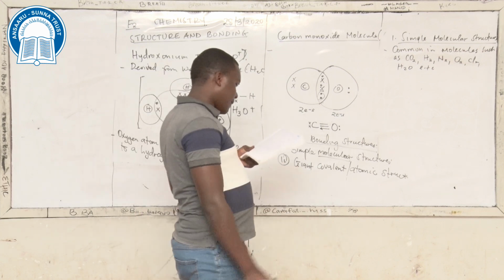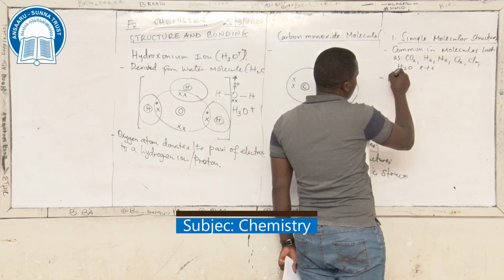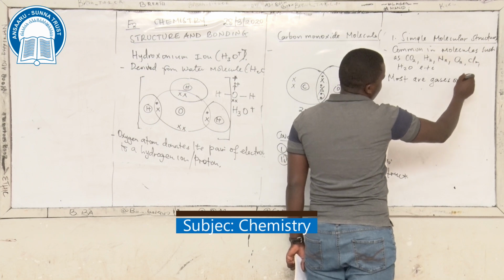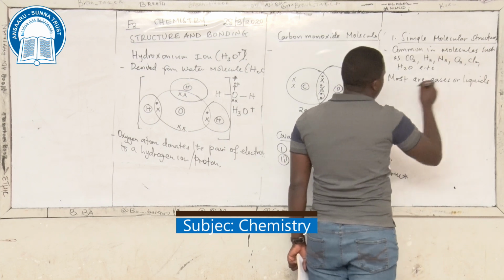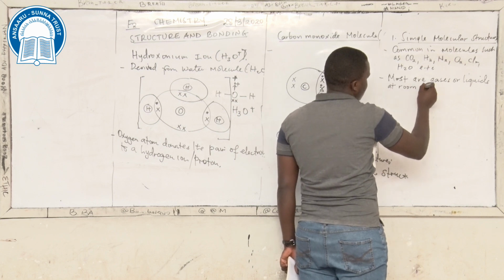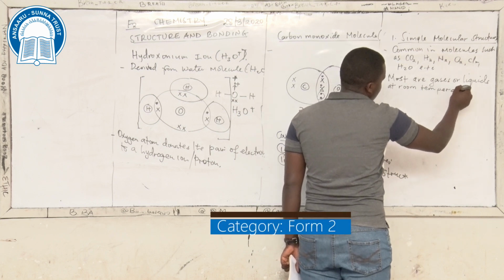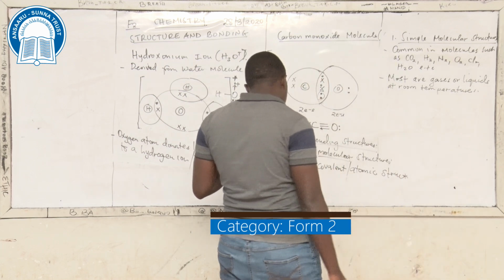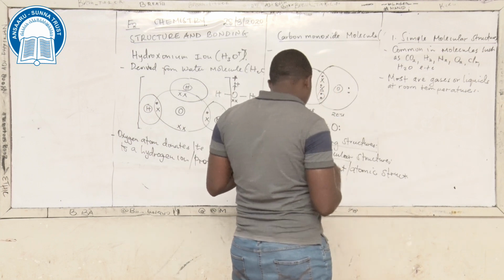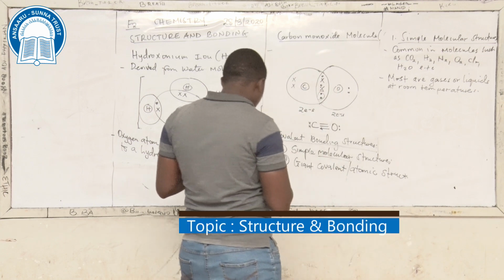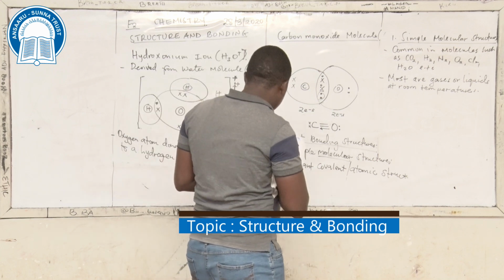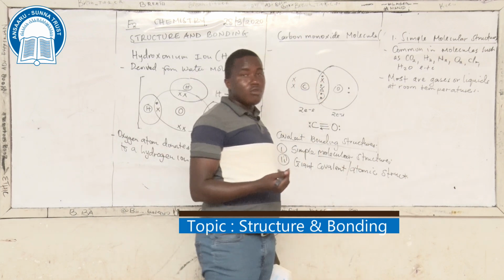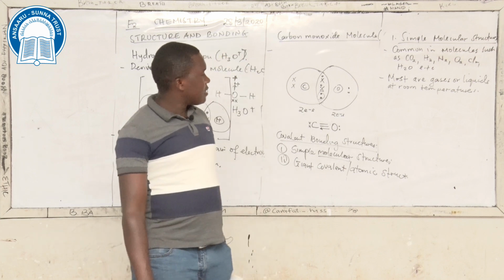Most of these are gases or liquids at room temperature. So we are seeing a trend in these substances, that they will exist as gases or liquids at room temperature, and there's a reason for that.